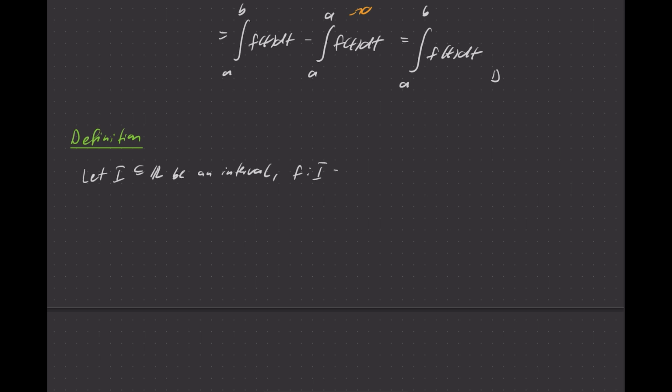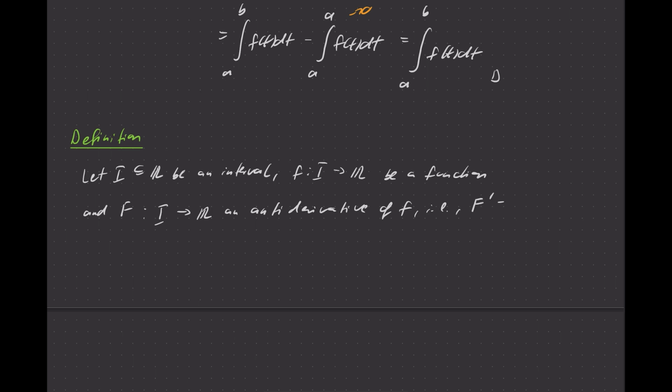Let f from I to R be a function, and capital F from I to R an antiderivative of small f, meaning, as in the definition, capital F prime is small f.